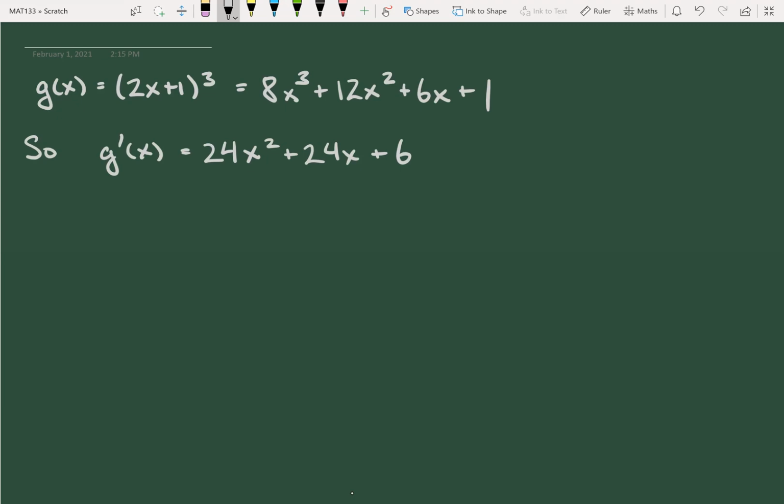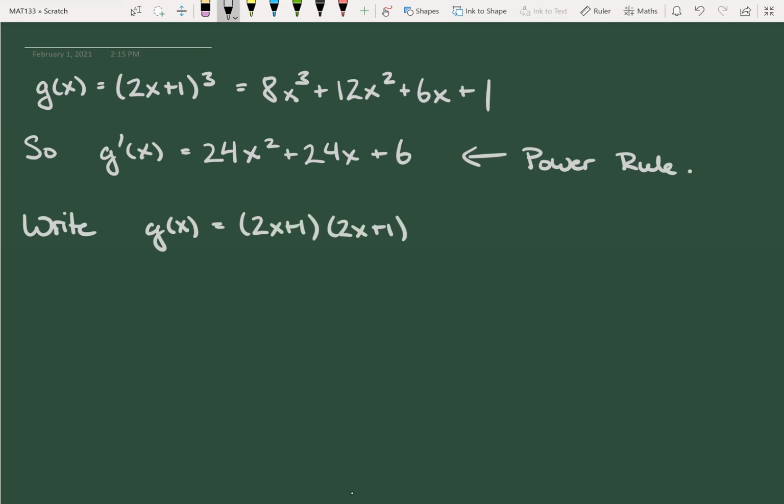Now, if you didn't like doing that expansion, there's probably a slightly easier way to get at this, which is to say using the product rule. This here uses the power rule, but we had to actually expand it out. So instead, let's use the product rule. Let's write g of x as 2x plus 1 times 2x plus 1 times 2x plus 1.